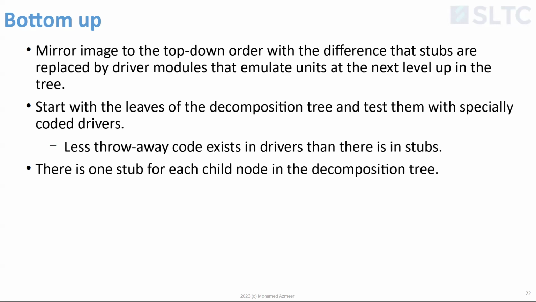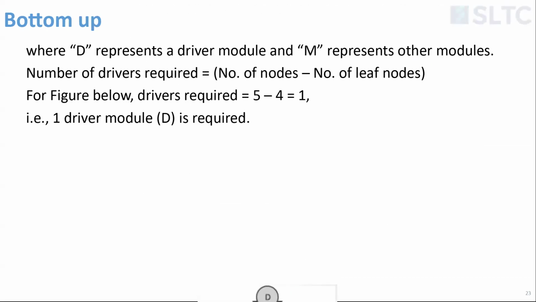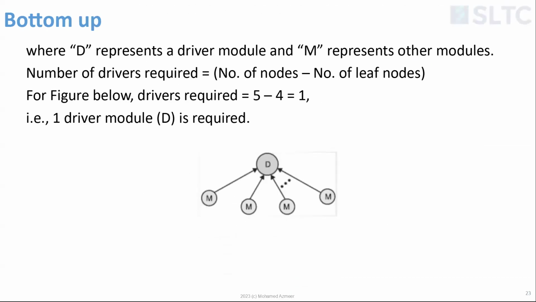Okay. So there is one stub for each child node in the decomposition tree. So here's the way we look at it. Here we have the module. The bottom ones we test, and they are all working together. Actually, they're being called by the top, we call it the driver module. So in our code, my driver module was the display function, and my submethods, the transfer, deposit, and all that, were the other modules under it.